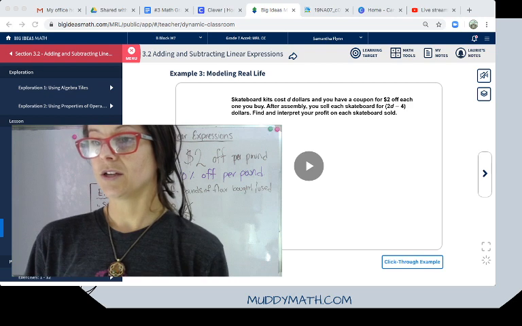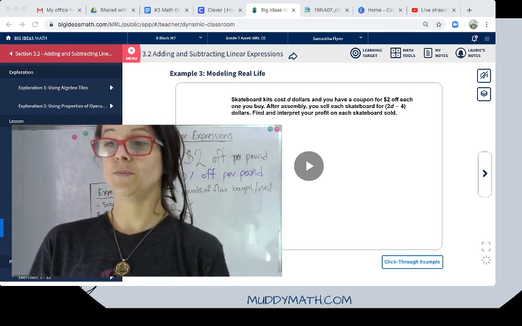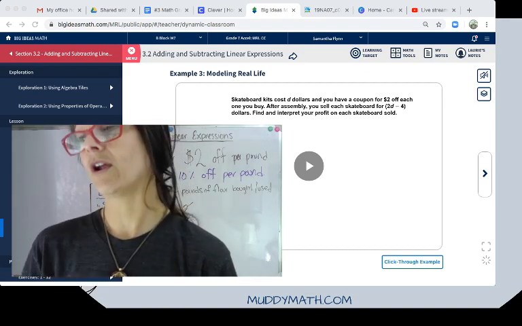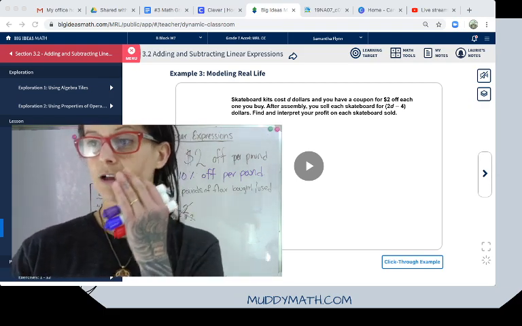And when you go to resell them, you're taking that original price, doubling it, and then reducing it by $4 for your resale value.